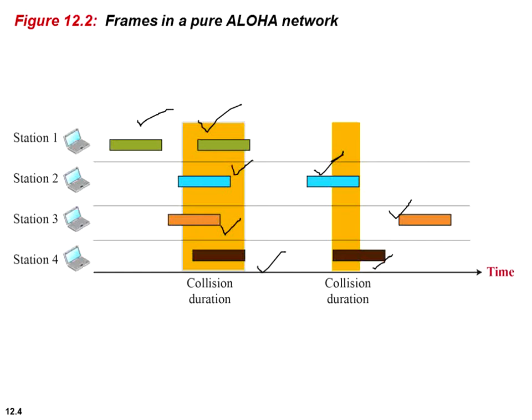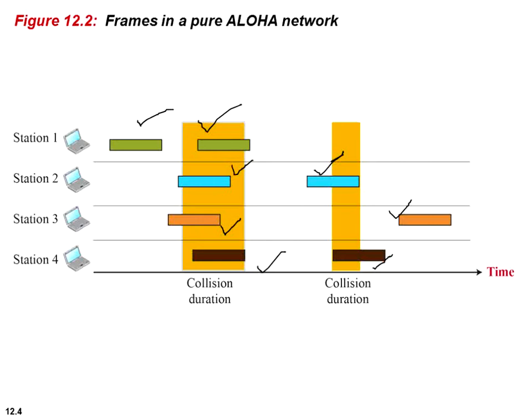This figure shows that only 2 frames survive: 1 frame from station 1 and 1 frame from station 3. We need to mention that even if 1 bit of a frame coexists on the channel with 1 bit from another frame, there is a collision and both will be destroyed.